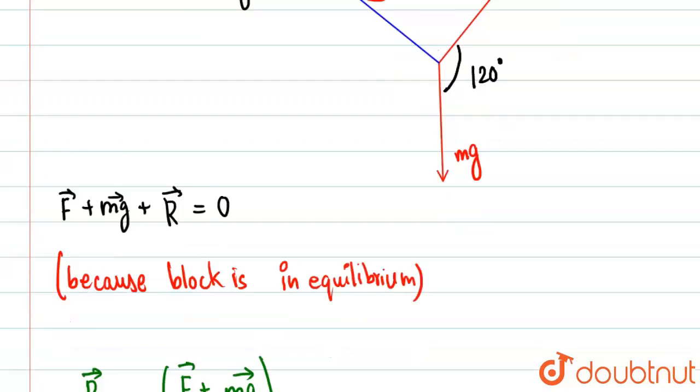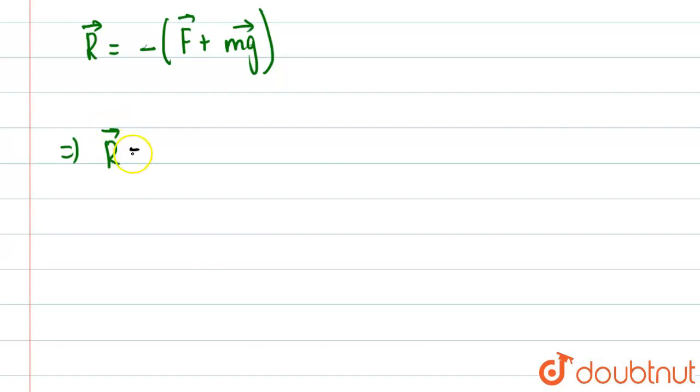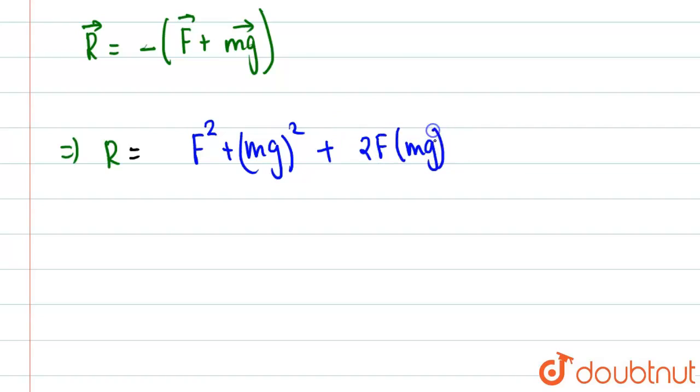Now if we take the addition of two vectors, and we only need the magnitude and not the direction, then the resultant of F and mg will be the square root of F square plus mg square plus 2 F mg cos 120 degrees.